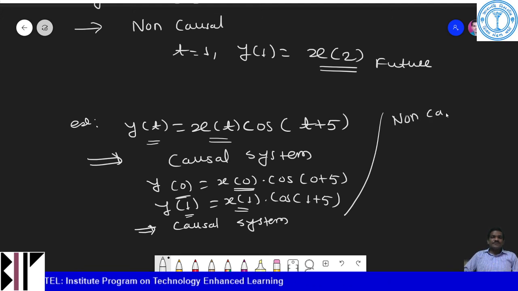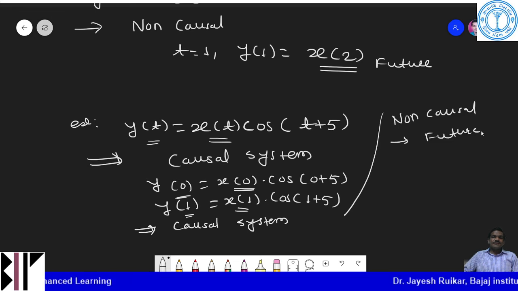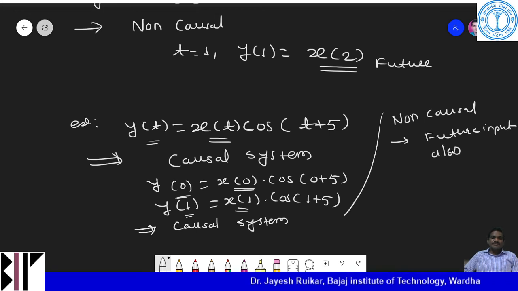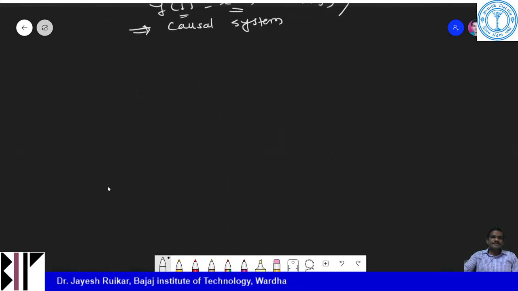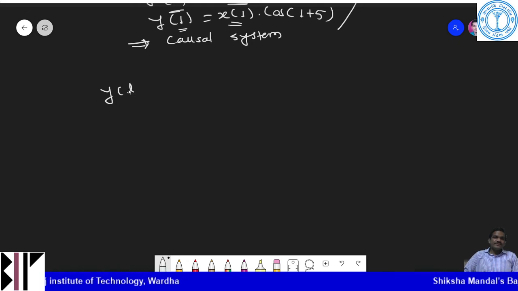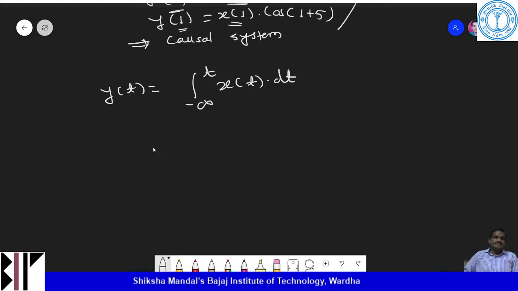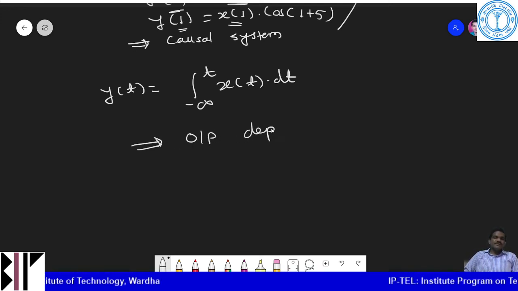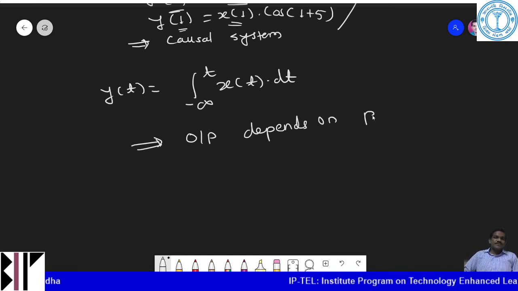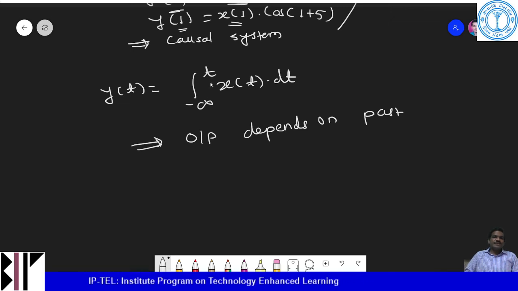For non-causal systems, the output depends on future input also. Let us take another example so that you will understand this again. y(t) is the integration from minus infinity to t of x(t) dt. The output here depends on the past: the integration is from minus infinity, that means the past, up to t, the present.